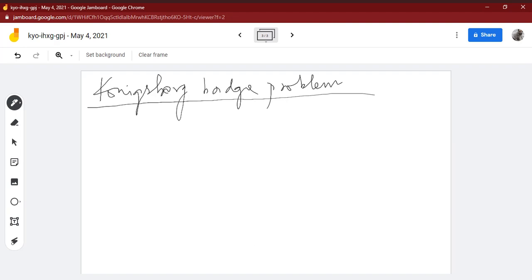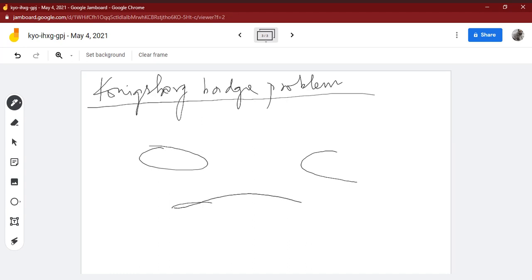There are four islands, A, B, C, D. This is A, this side is B, this side is C, and this side is D. And there are seven bridges connecting these four islands over a river.